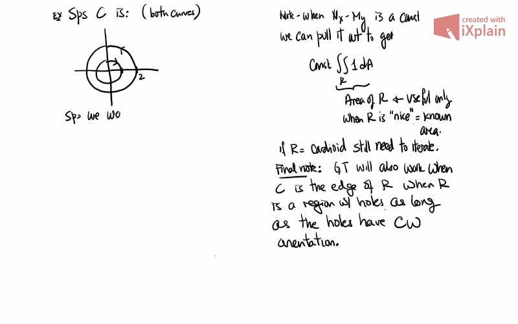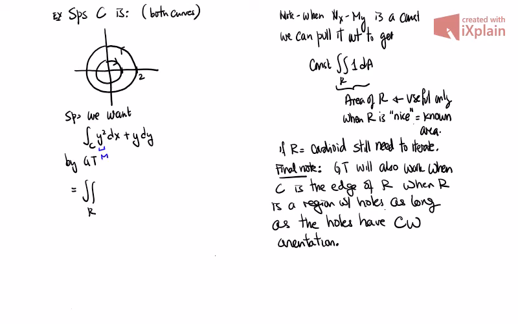Let's suppose that's our C, and suppose we want the integral over C of, say, y squared dx plus y dy. So by Green's theorem, this is equal to the integral over R. Again, we're going to just mark this up.